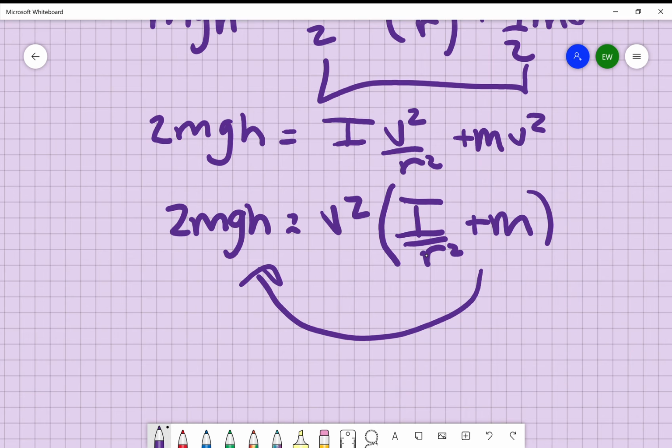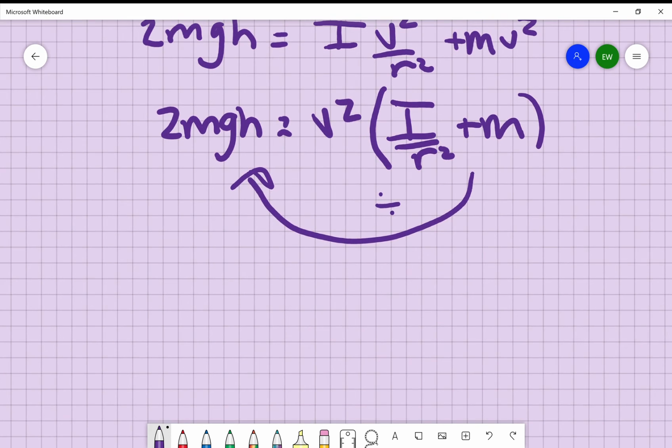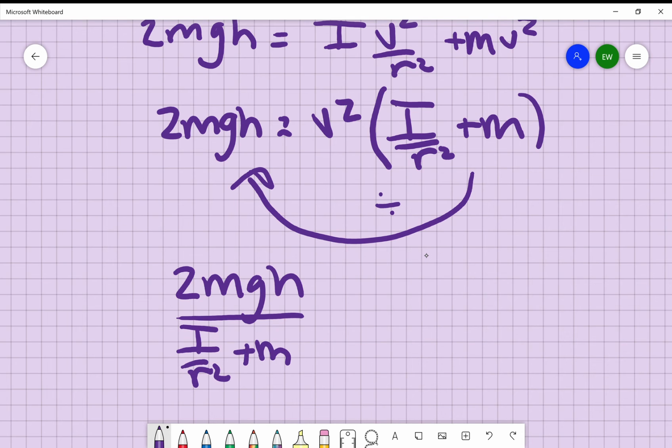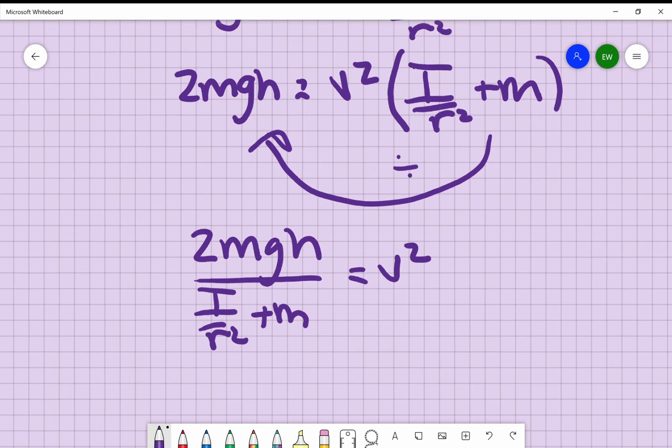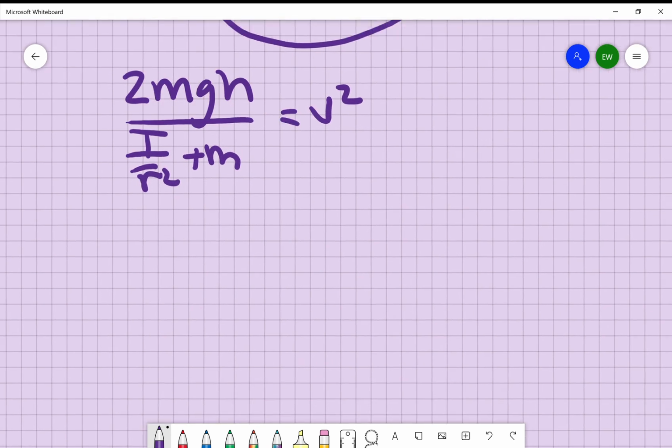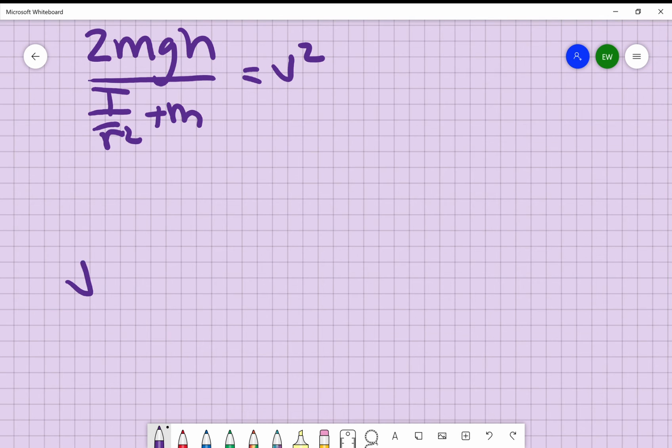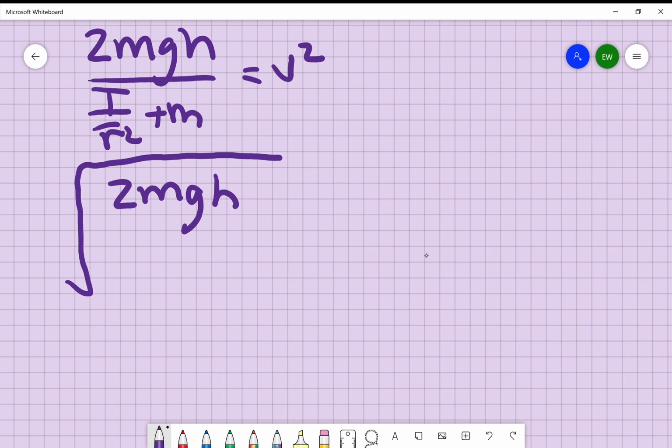So in order to get rid of that, I need to divide both sides. So now I have 2mgh all over I over r squared plus m, and this equals v squared. I'm not done. I still got to take the square root. So the square root of 2mgh over I over r squared plus m equals v.